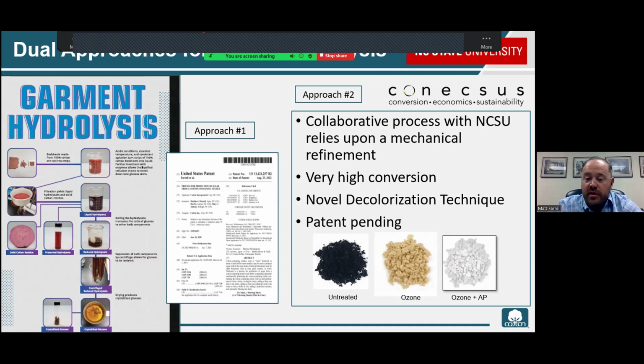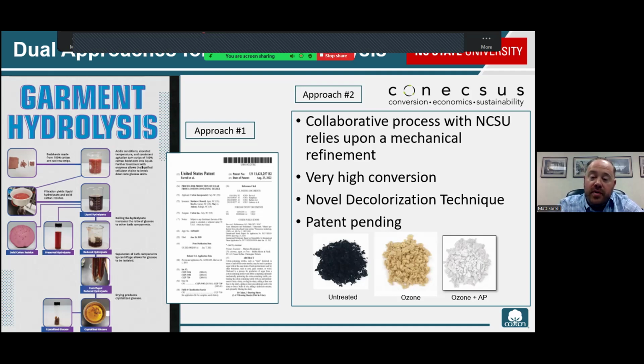We shared with them what we have developed to date, and we went on to develop another process with them that, instead of relying on a chemical pretreatment, relies on a mechanical refinement to open up that cellulose to allow the enzyme. The result of this work is we're able to get very high conversions, nearly complete conversion of cellulose in some cases.